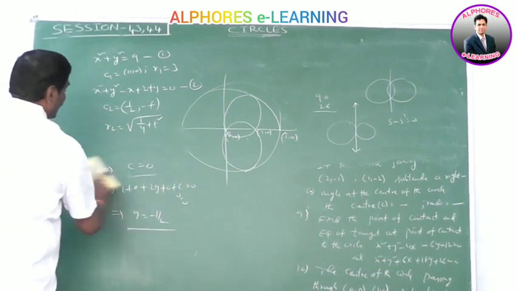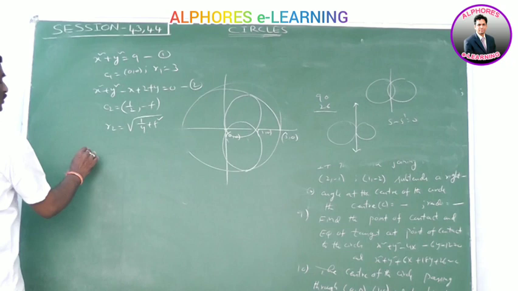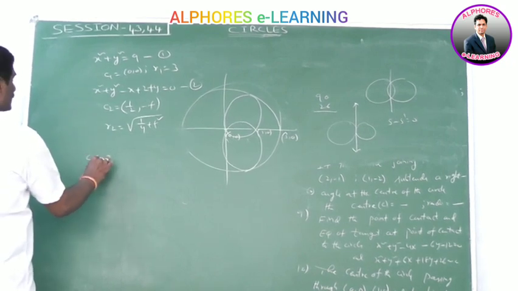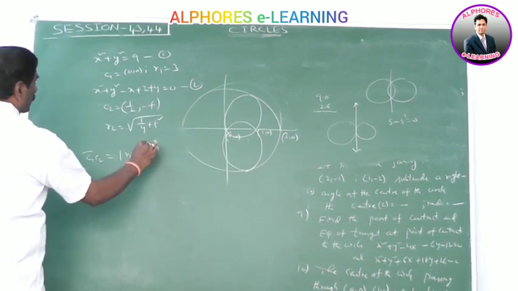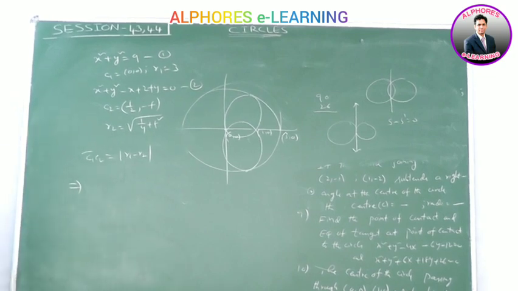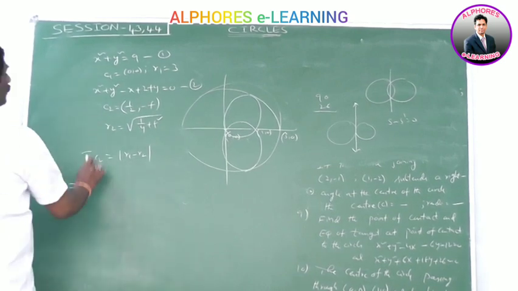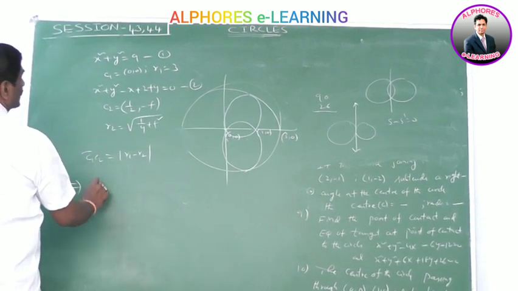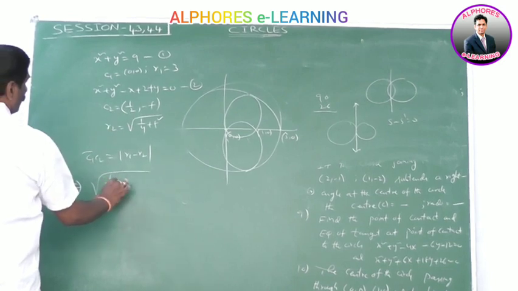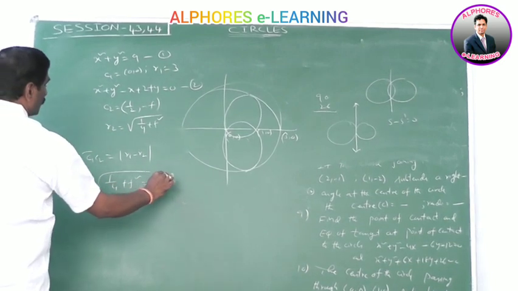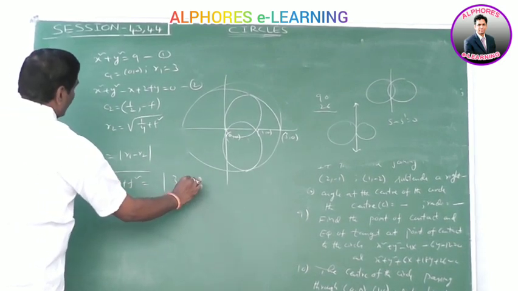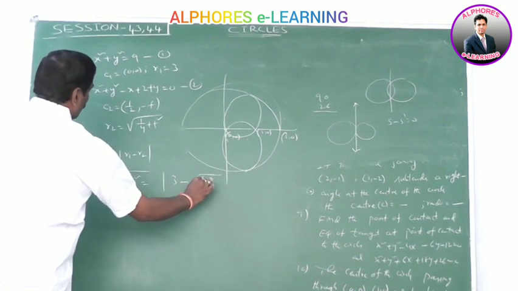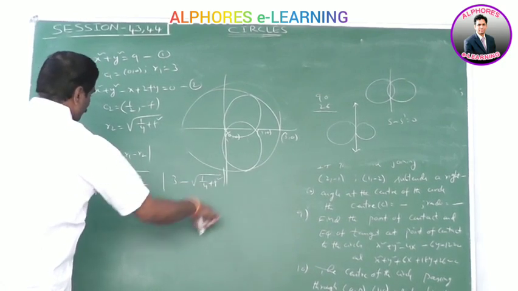But these two circles touch each other internally. That means C1C2 is equal to mod R1 minus R2. By using this property, we get the value of f. C1C2 means root over 1 by 4 plus f square is equal to mod R1, means 3 minus root over 1 by 4 plus f square.